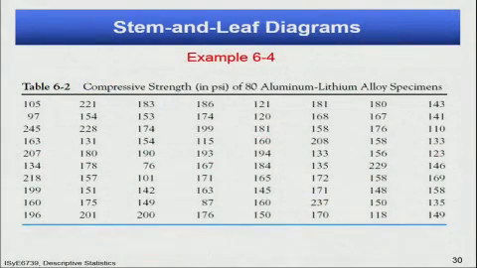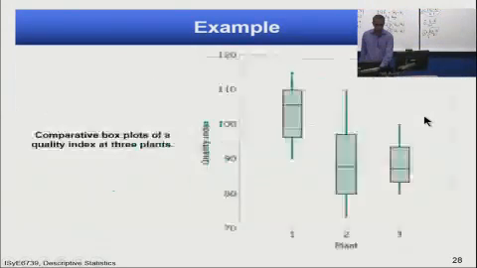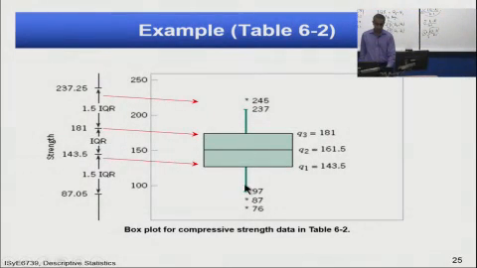So we have a sample of, I don't know exactly how many, based on a compressive strength test of 80 specimens. And then this is the box plot for that. As you can see, this is very simple to interpret. First of all, it's symmetric. Can you see that? Q1, Q2, and Q3 are equally spaced.